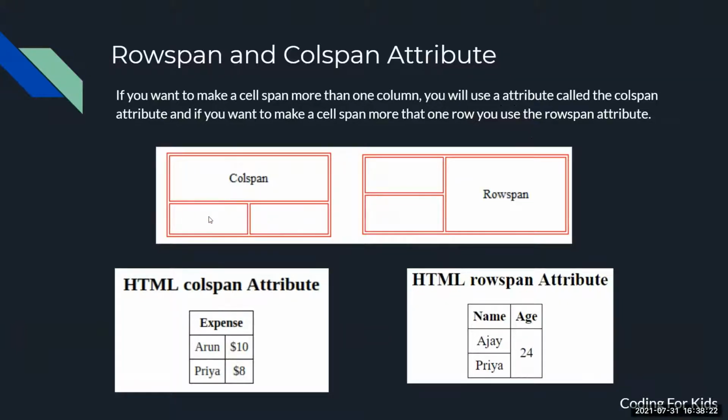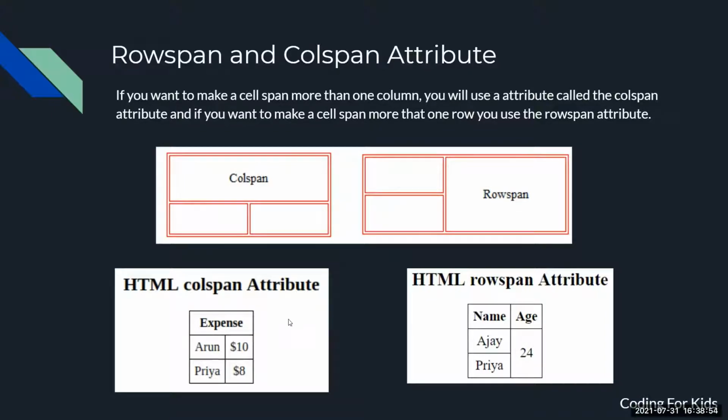So if you want a cell or a box to expand over more columns, you just use the colspan attribute. And if you want a cell or box to extend over two or more rows, you use the rowspan attribute. You can see right here that this one cell or box expands over two rows. So that is the colspan and rowspan attribute.